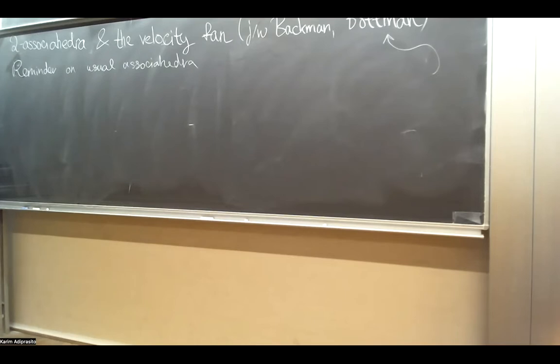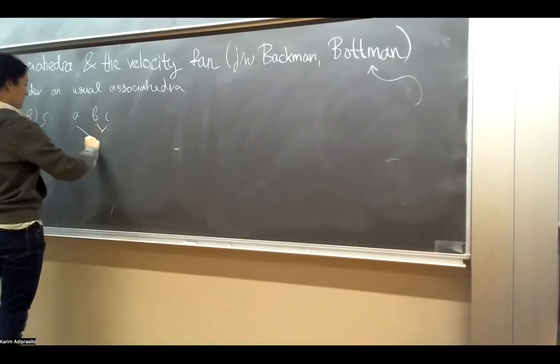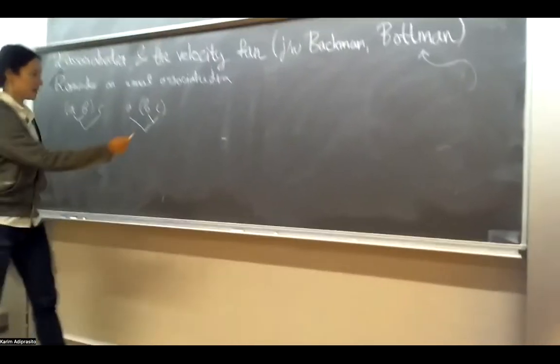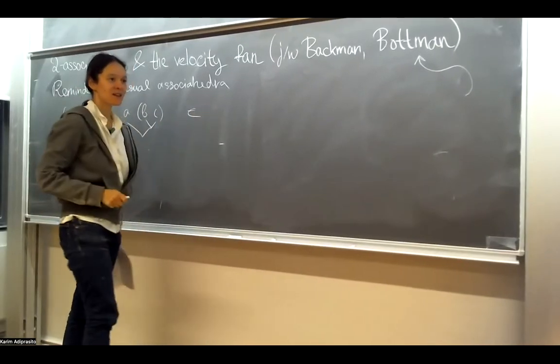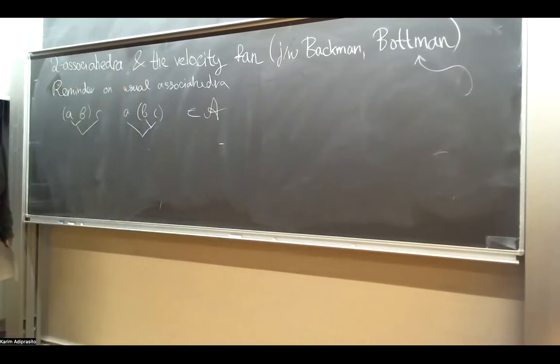If you have an algebra and a couple of elements in your algebra, then you have a binary operation that multiplies them. If you have three elements, you can either multiply them in this order, or you can multiply them in this order. And if this is happening in an associative algebra, then these two things are supposed to coincide.